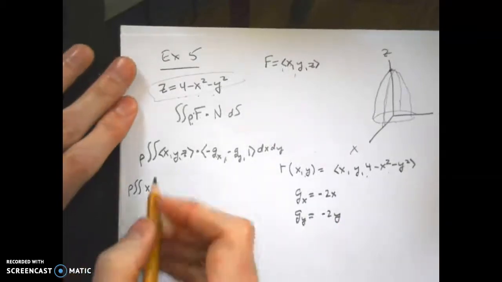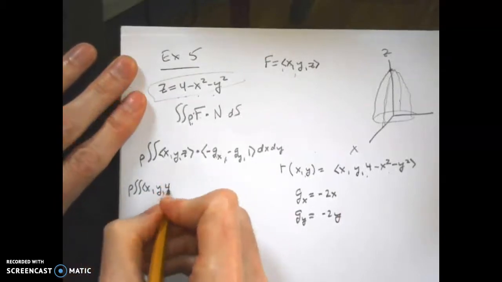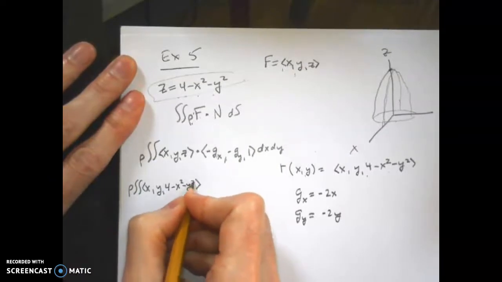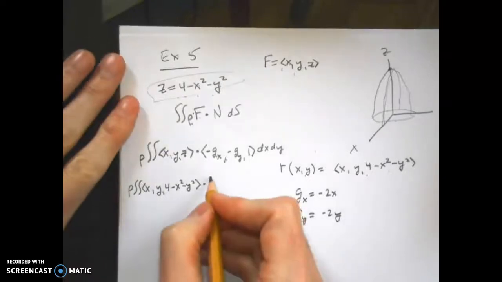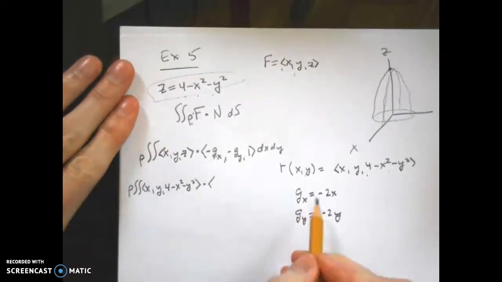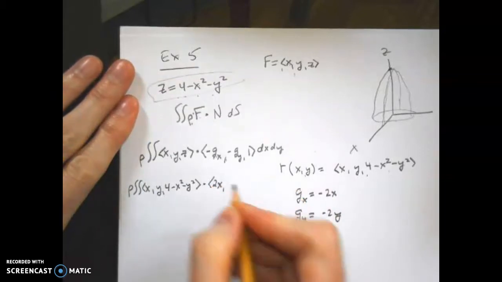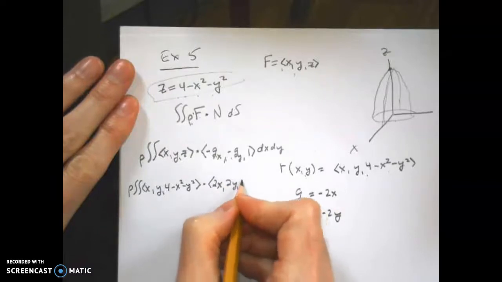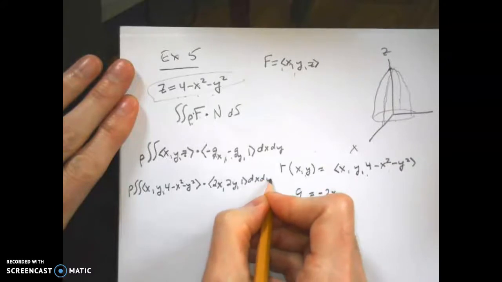So we've got x, y, and the z value 4 minus x squared minus y squared, because at this point we want everything in terms of just two parameters. The opposite of g sub x is positive 2x, the opposite of g sub y is positive 2y, and 1, dy dx.